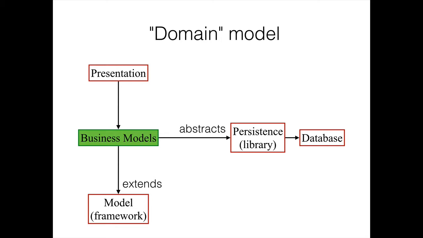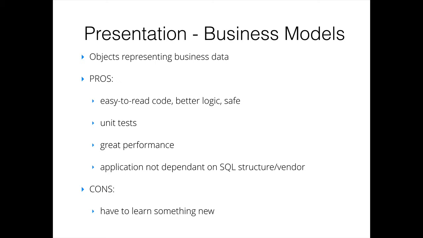So you have presentation code, the next layer is a business model, which they call domain, and then we have persistence as well. In this we are still abstracting, but we are abstracting business entities, not the records. We work with business entities. Objects represent business entities.